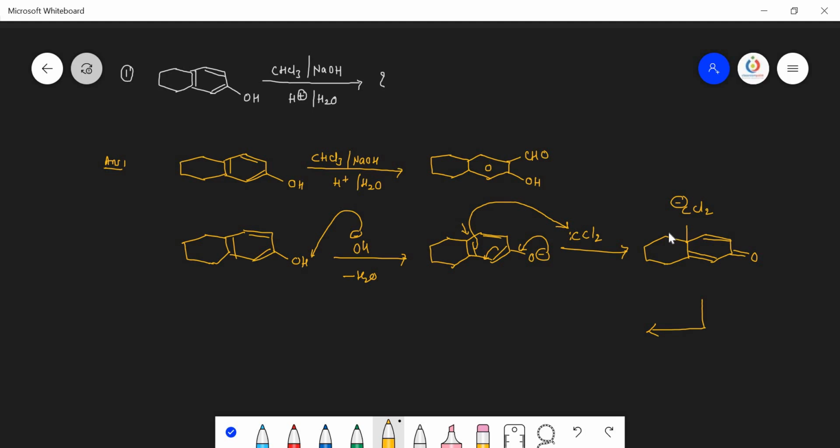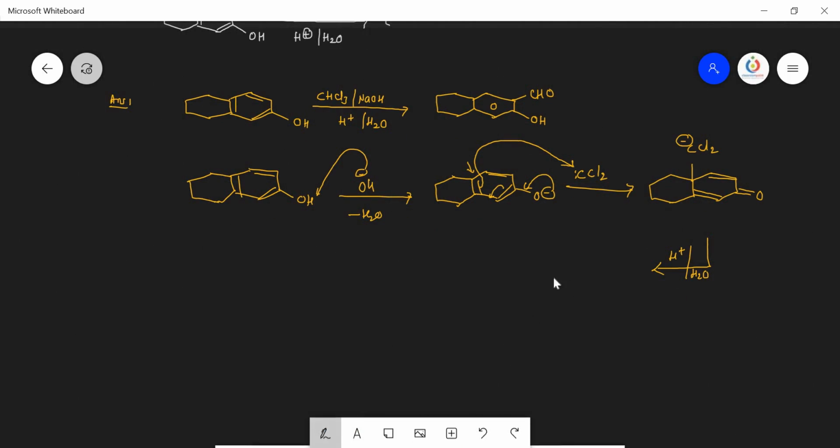Now in this particular position, the carbon valency has almost reached 4. It is 4, so there is no hydrogen to replace. So at this position, if protonation with H plus is done, then you don't get the aldehyde.